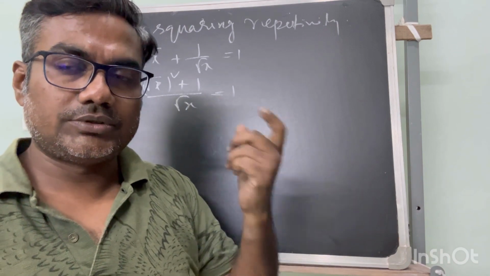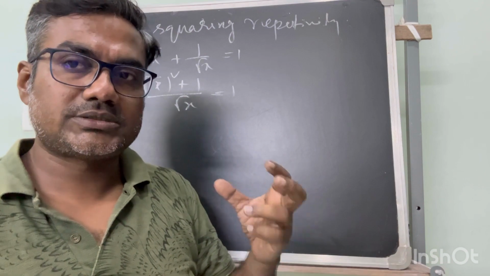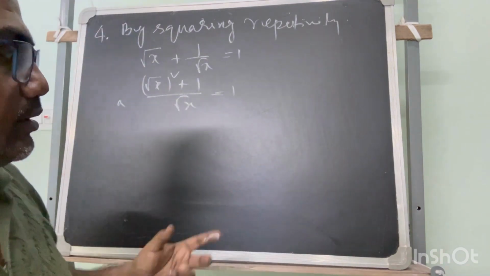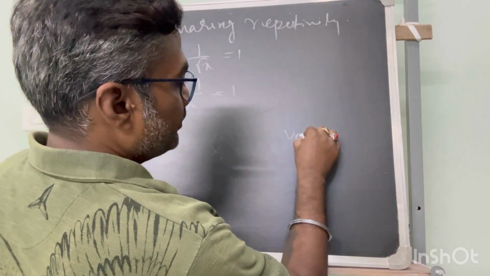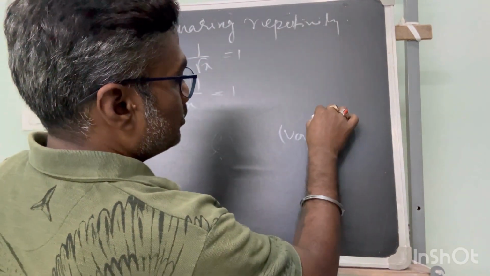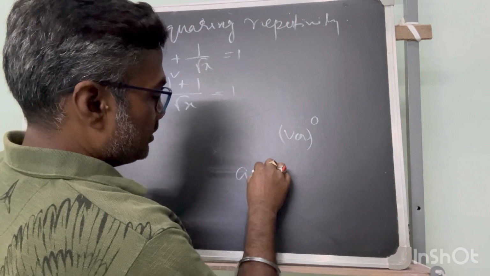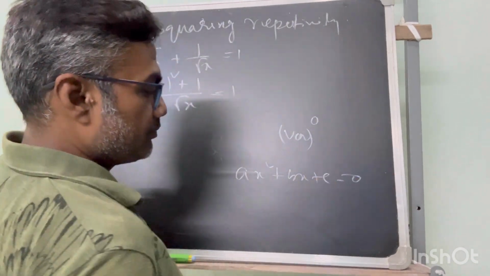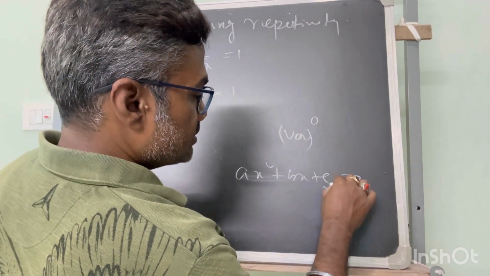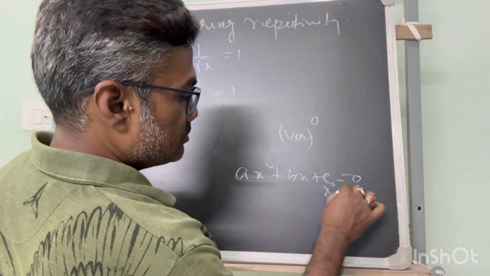So an equation has to be one where the lowest power of the variable x is 0. If I write a generic equation here, this is C into x to the power 0, and x to the power 0 is always 1.